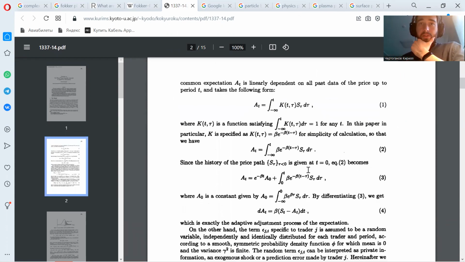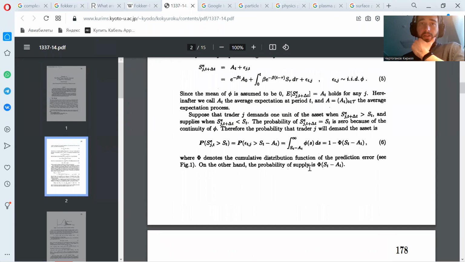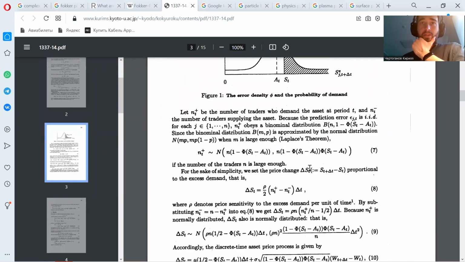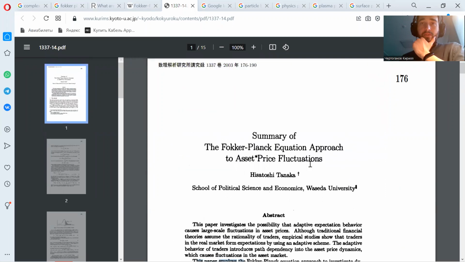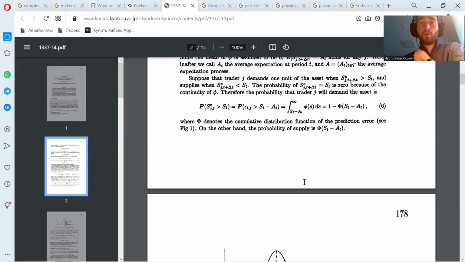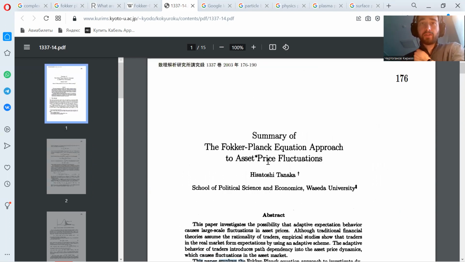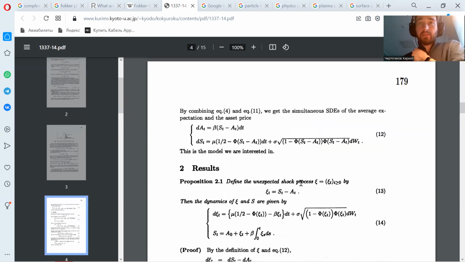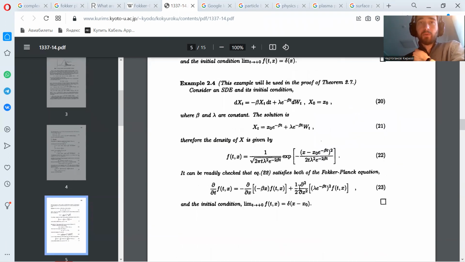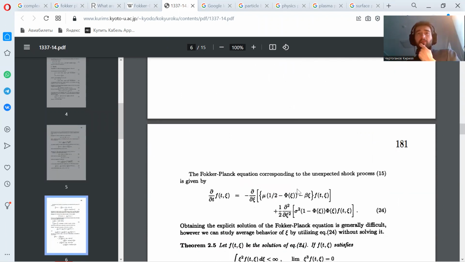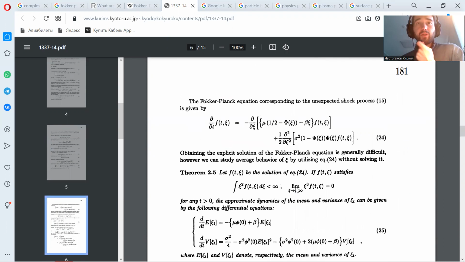And they derived some equations. So we want to use Fokker Planck equations to calculate this probability density function of asset price fluctuations. Very interesting work, which is a little bit old. It was published maybe in 2004.